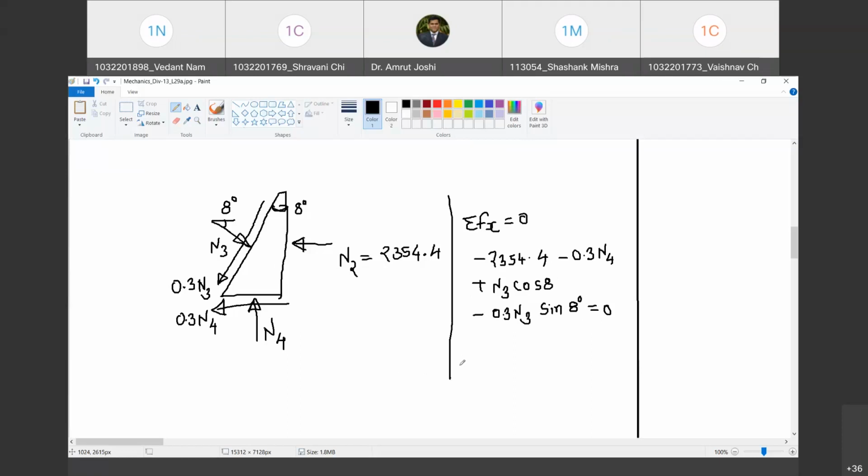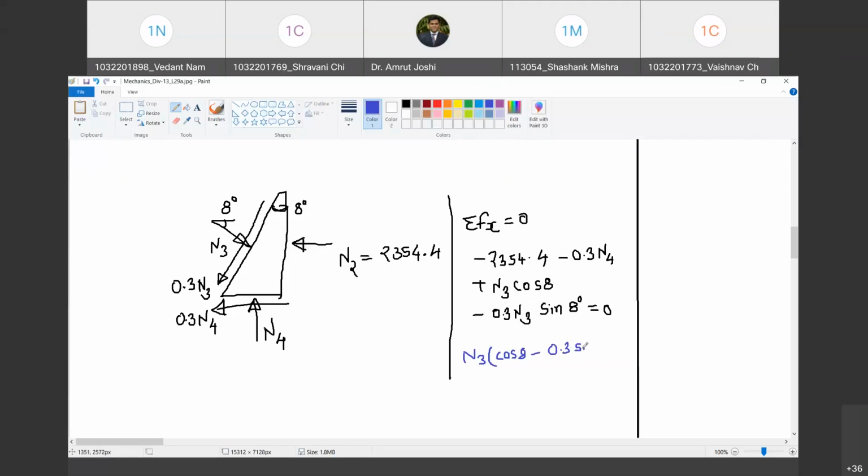Now we will rearrange this equation. We will first have terms of N3 and then terms of N4, and the constant on the right hand side. Taking N3 common: N3 into cos 8 minus 0.3 sin 8.